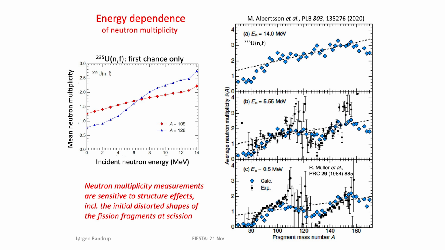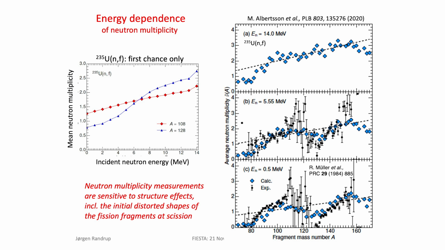If you were to read off how the mean neutron multiplicity goes as a function of the incident neutron energy, you also get some kind of strange behavior for each particular fragmentation, or each particular fragment. Of course it goes up, but for the 108 it goes up fairly, and then a little bit. The other one goes up and then up and down.